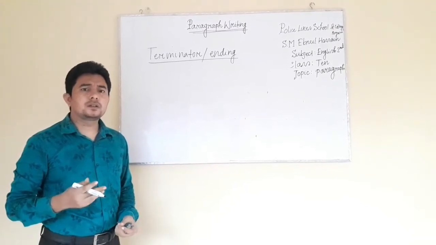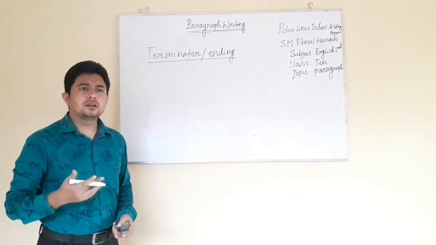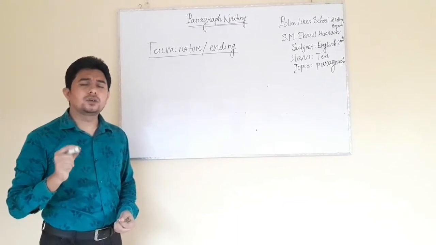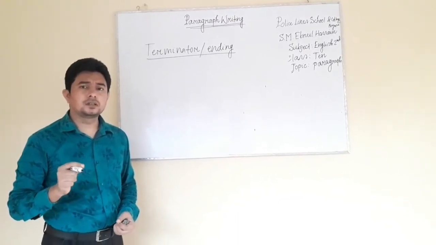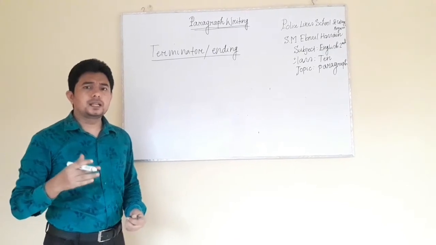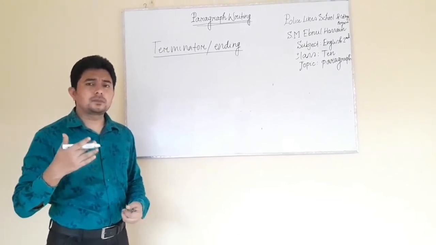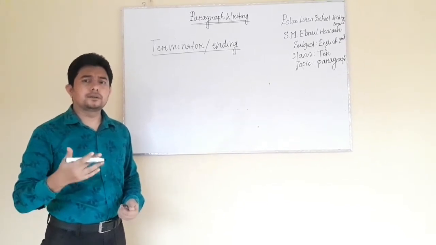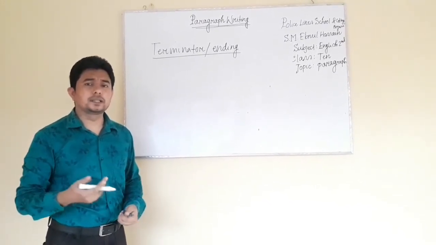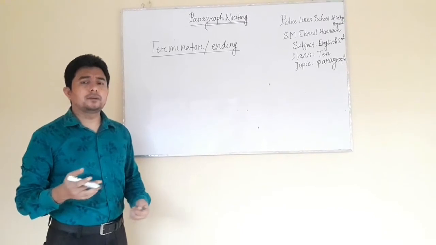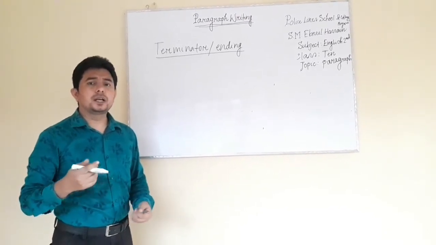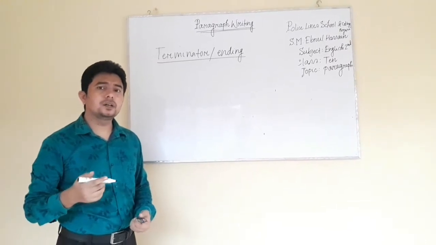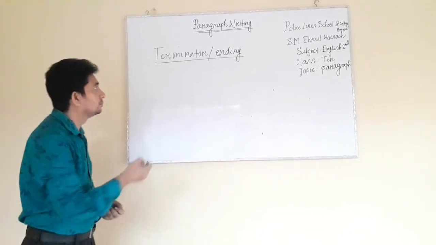A terminator is a sentence which will bring the whole paragraph to a logical conclusion. So the terminator summarizes the entire paragraph in a logical way. Now let's have a look on the board to have a clear notion about the terminator or ending of the paragraph.